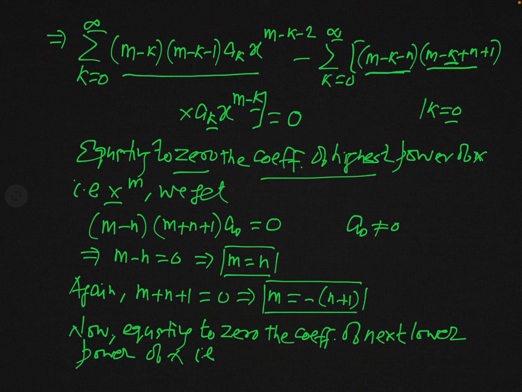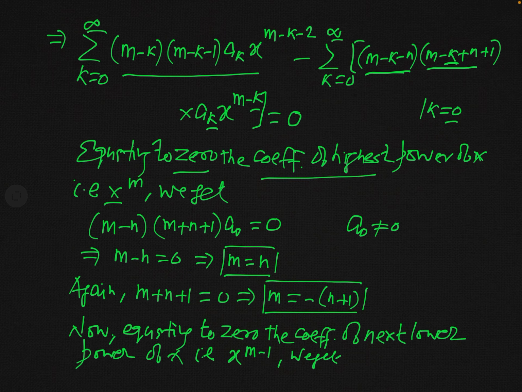That is, first we have taken x to the power m, so the next lower power of x will be m minus 1. So we will equate to 0 the coefficient of x to the power m minus 1.